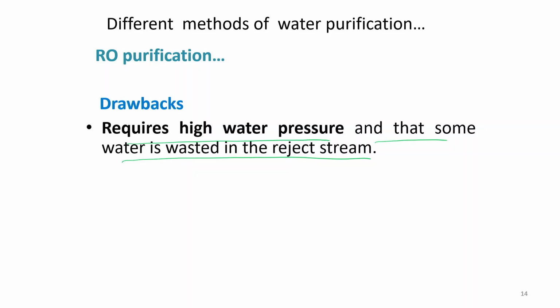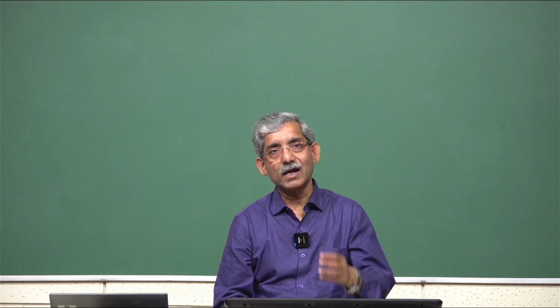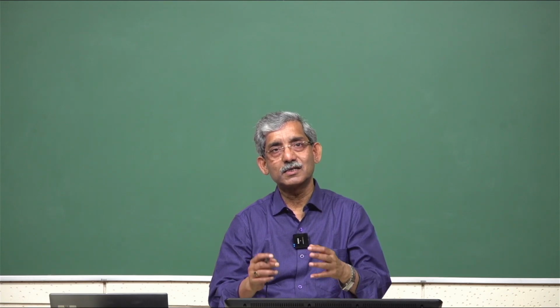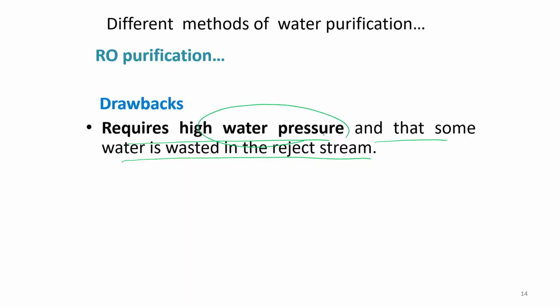In RO, whatever particles accumulate on the upstream side have to be removed, so a reject stream should be there. So, high water pressure has to be created, we need an additional pump for RO, and at the same time there is wastage of water. That is the main drawback of RO.